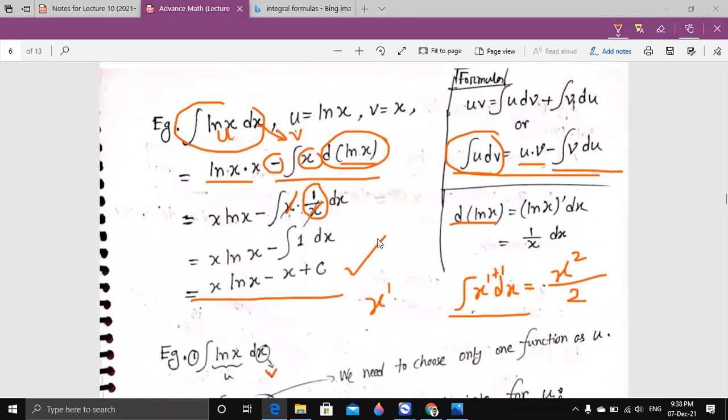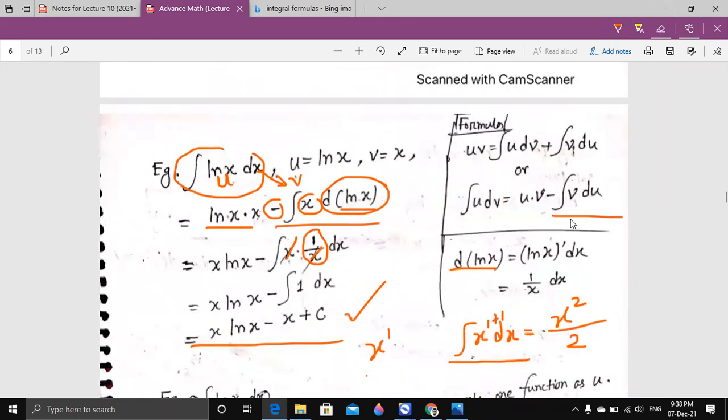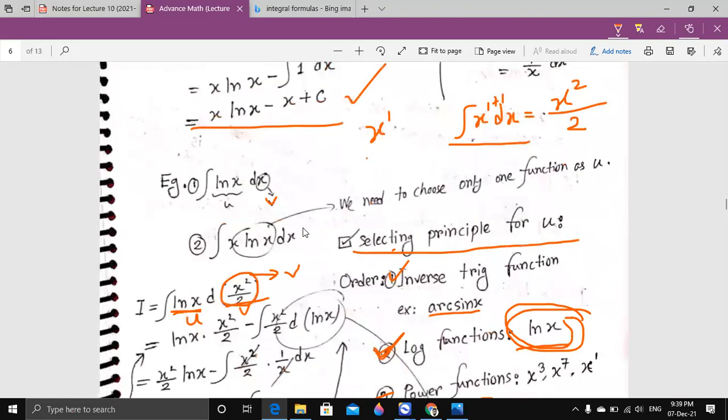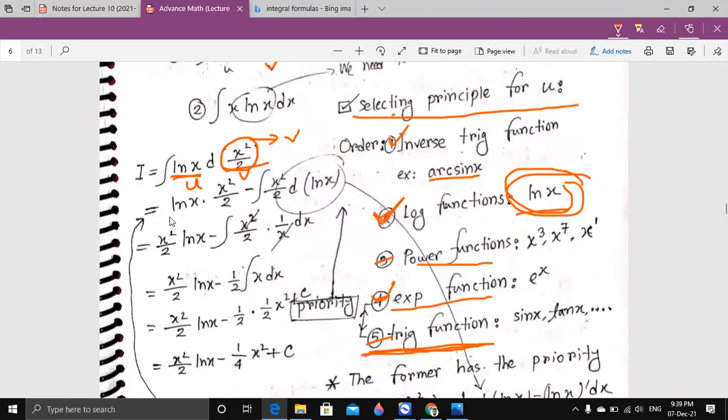From the formula, integration of u dv is equal to u multiply v minus integration of v multiply du, okay? So this is our u multiply v, and minus integration of this is v and du. This is u.